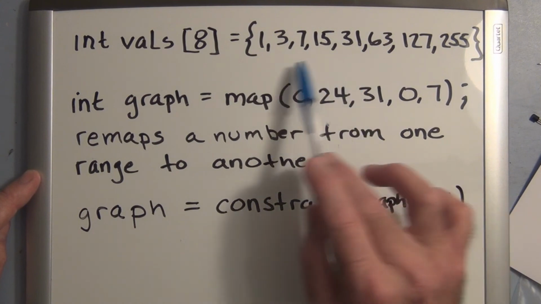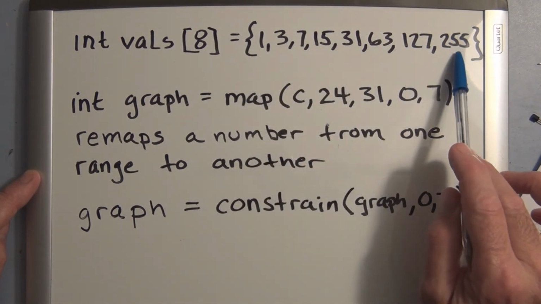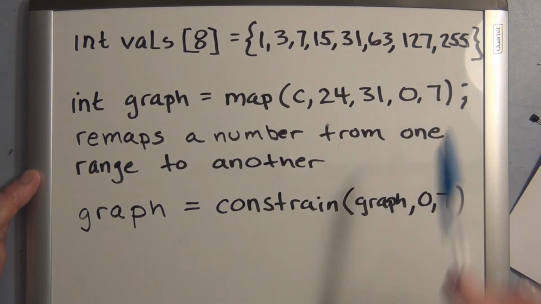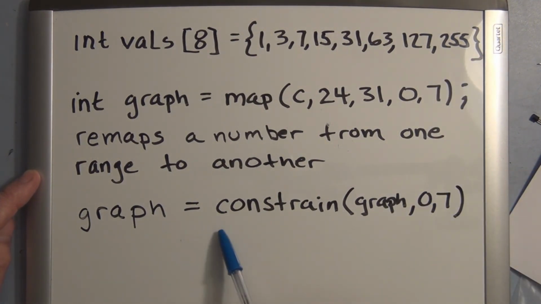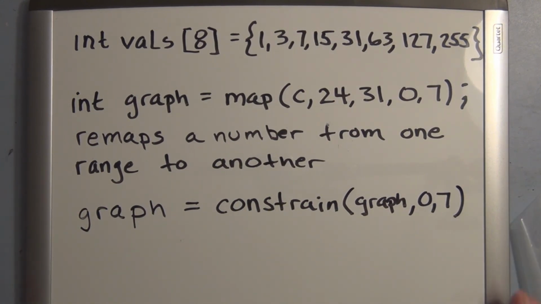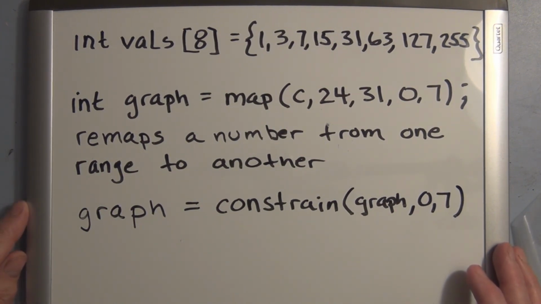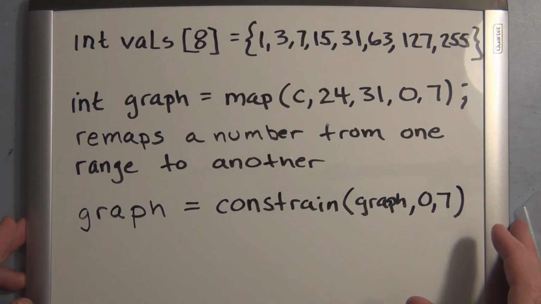Remember, the array is 0 indexed, so this is 0 element all the way up to element 7. And then to make sure that we only have elements 0 through 7, we constrain this value of graph to 0 to 7 using this constrain function. So I hope that's given you an understanding of how this circuit and how this program works.